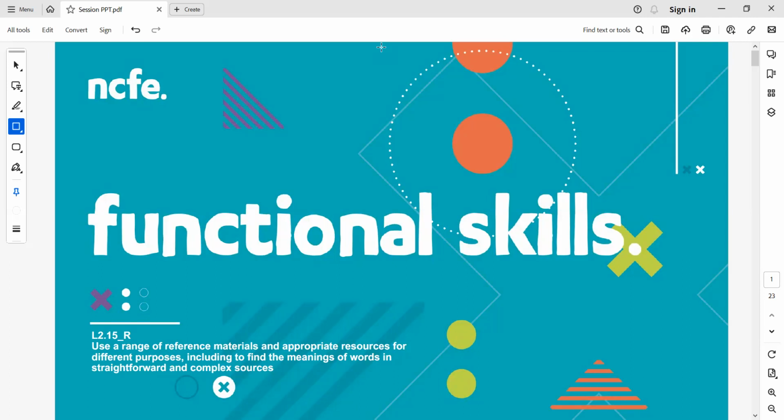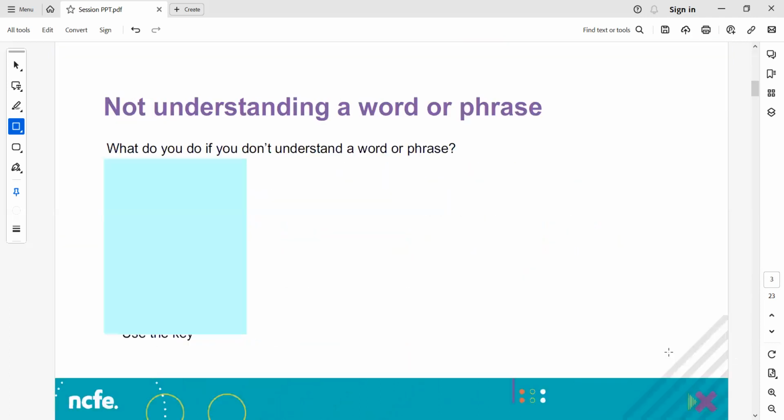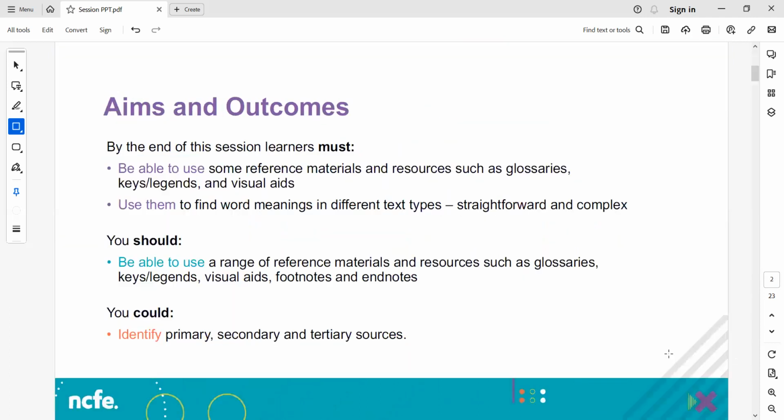So this morning we are looking at reference materials when we are reading. Our aims and outcomes: by the end of this session, you must be able to use some reference materials and resources such as glossaries, keys and legends, and visual aids, and use those things to find word meanings in different text types, both straightforward and complex.